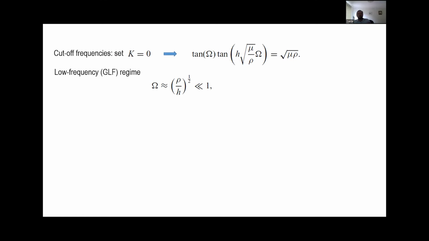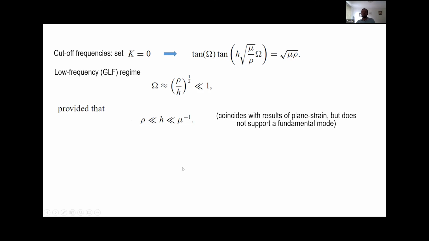And so the global low frequency regime here would assume that both of the arguments of tan are small, and that gives us this simple approximation for the cutoff frequency, and this could be small. And the condition for this to happen is something like this, or the other way around, if you invert it, the one that I was telling you orally previously. Okay.